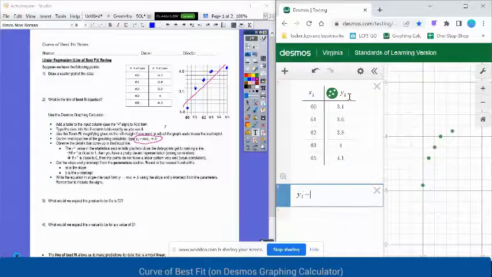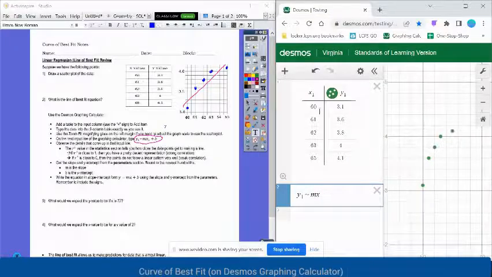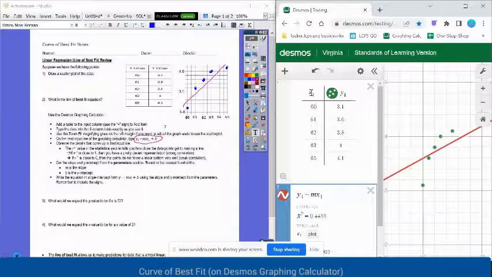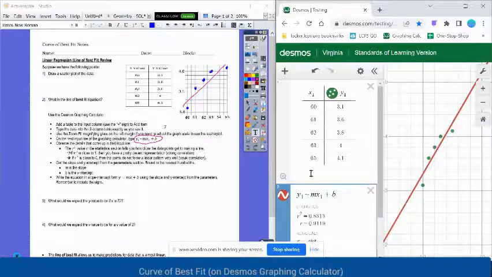Instead of equals, I use the squiggle or the tilde symbol, if you take Spanish. And then instead of just x, I do x1 because that's in my table, and then the plus b. So the calculator knows when I type this in that I'm talking about a line. It creates that line on my graph so I have something to go with, something to grow from.